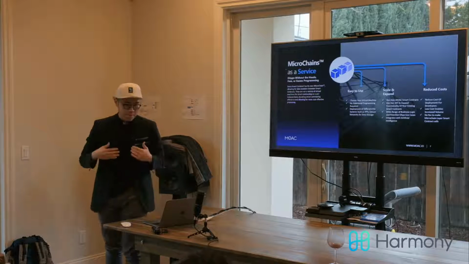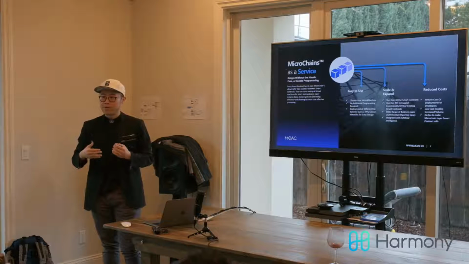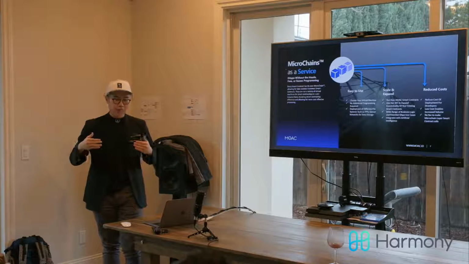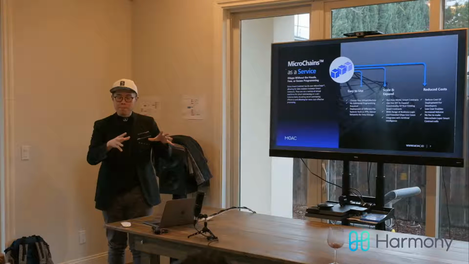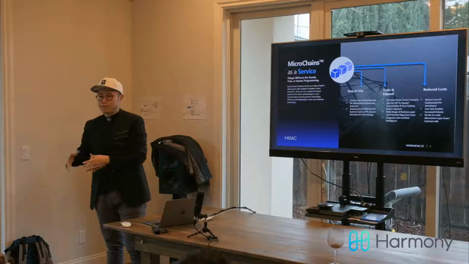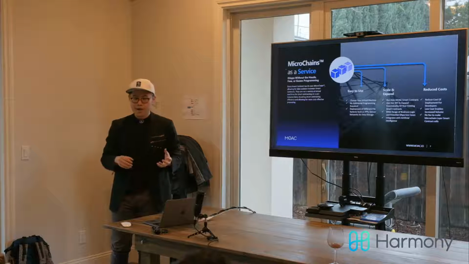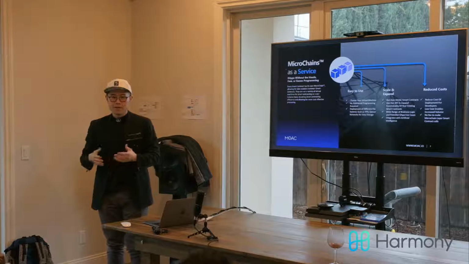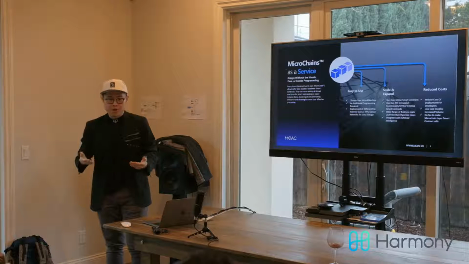The other thing about macro chain is that right now we have developed the inter macro chain functionality. It means that one macro chain can be used to serve other macro chains. So for example, I'm building a dApp, but I need some storage capacity for this dApp. In that case, I don't need to implement IPFS from scratch.